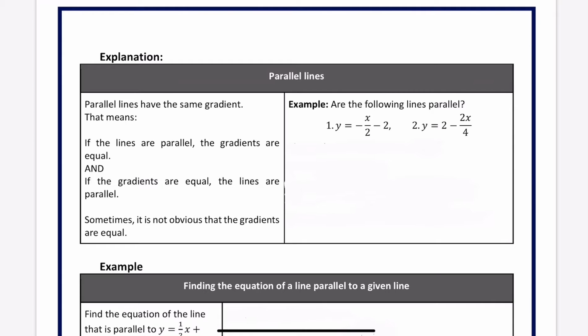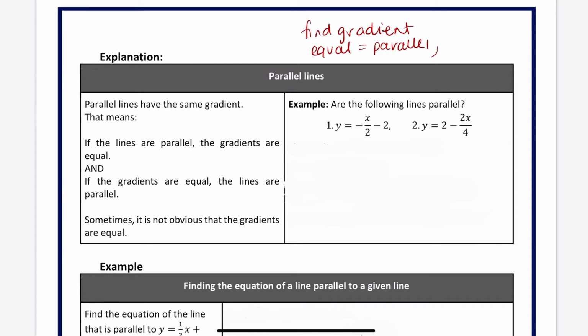Okay, so the way to decide whether these two are parallel to each other, we have to use the gradient intercept form to find the gradient. So whenever we're trying to find perpendicular or parallel lines, we've got to find the gradient. If they are equal, then it is parallel.